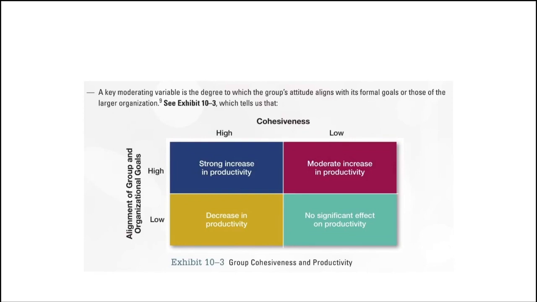So cohesiveness has a relationship with alignment of group and organisation goals. Okay, with higher group cohesiveness and higher alignment of goals, it is clearly mentioned what exactly you want to do. When employees and group members know their purpose, it will lead to a strong increase in productivity.